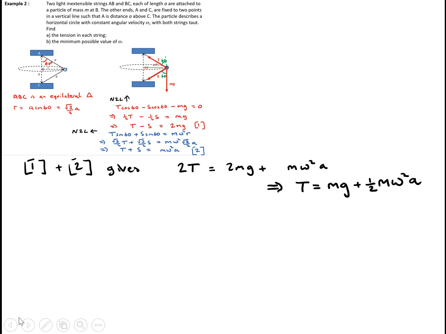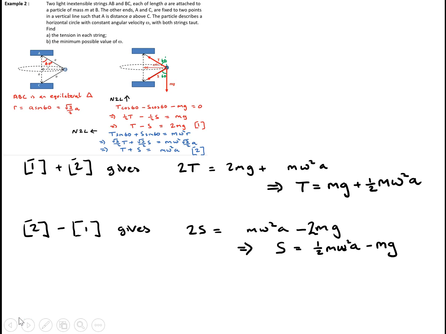If we take the second equation and subtract the first equation, then we will eliminate the T's, and that will give us 2S equals m omega squared a minus 2mg, and dividing by 2 gives us S equals a half m omega squared a minus mg.